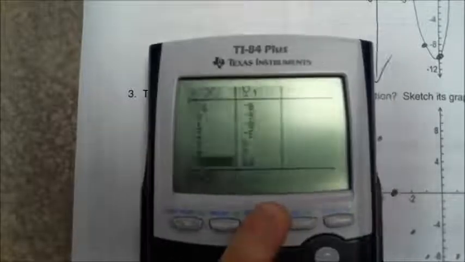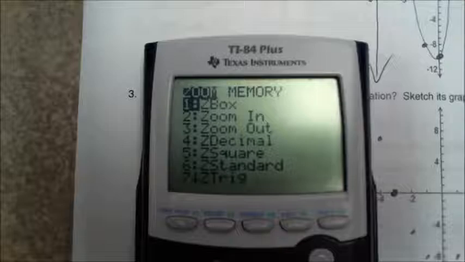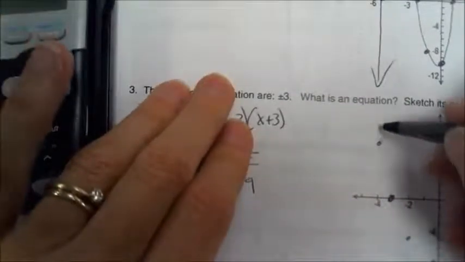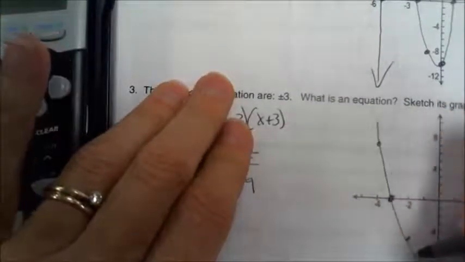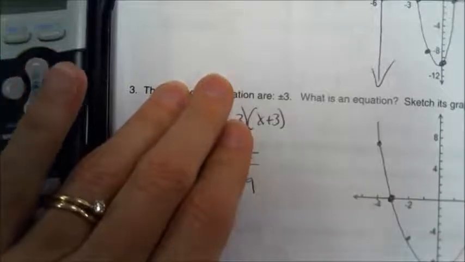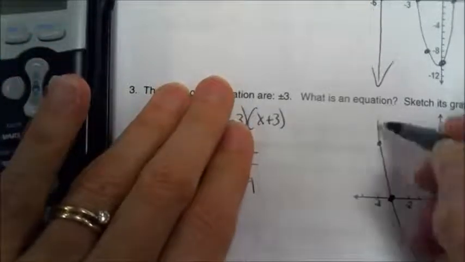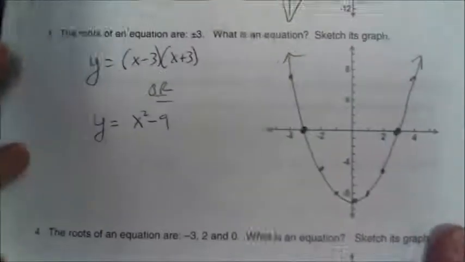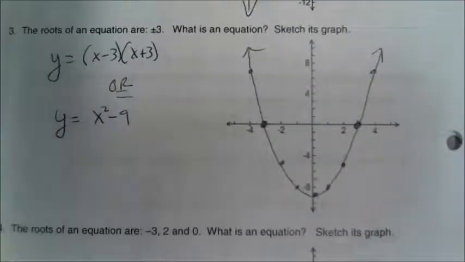And 4, 7. All right, so now we can just draw our beautiful parabola. Coming up. And there you go. There's a beautiful parabola. How about that?